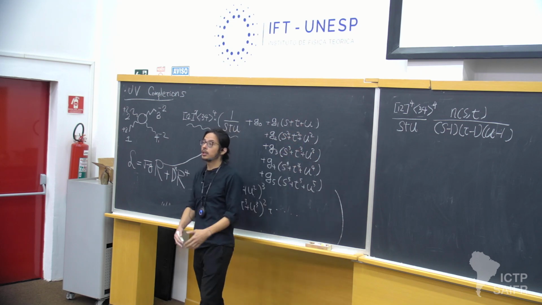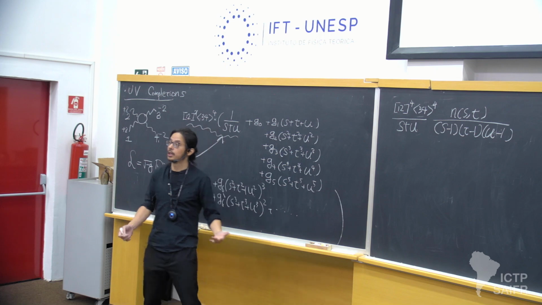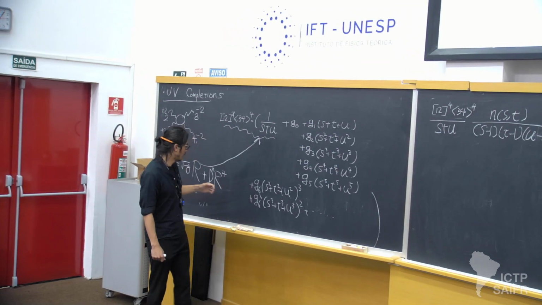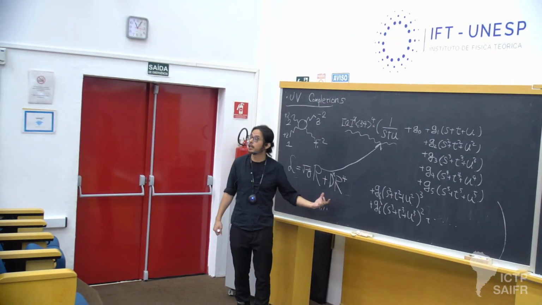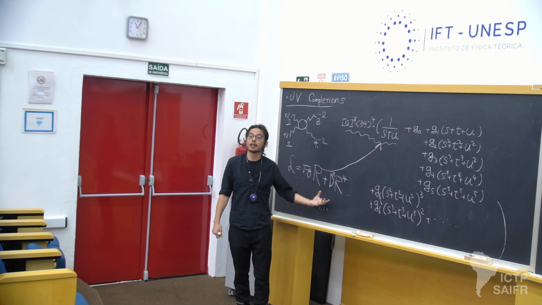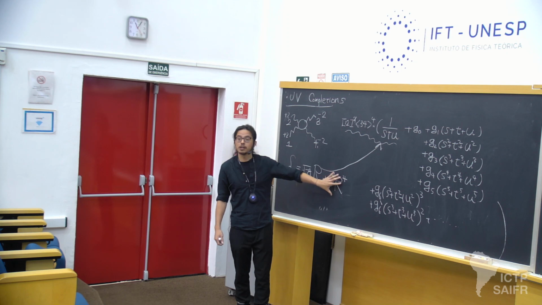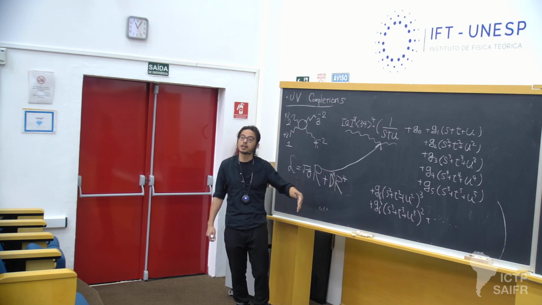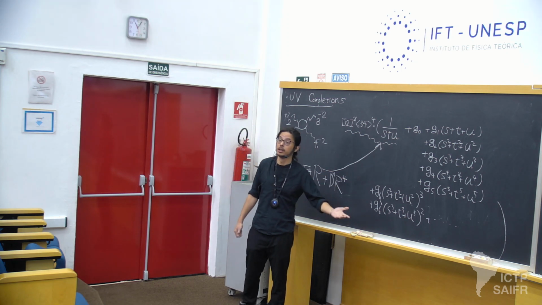Because you're only looking at things at low energy, you have these infinite number of higher dimension operators, and this is, in a sense, an effective field theory description. The coefficients associated with these terms, in some sense, parameterize the high energy theory.